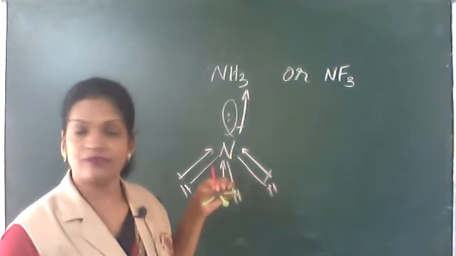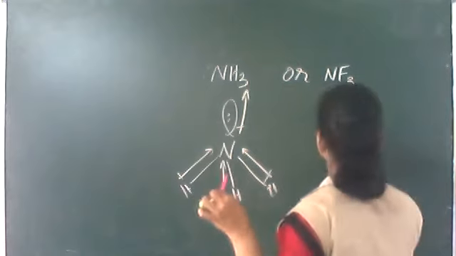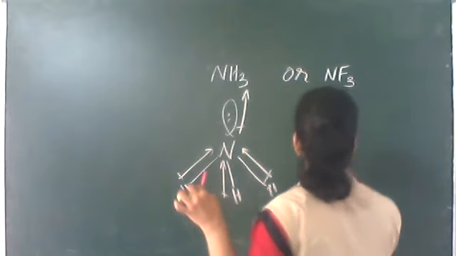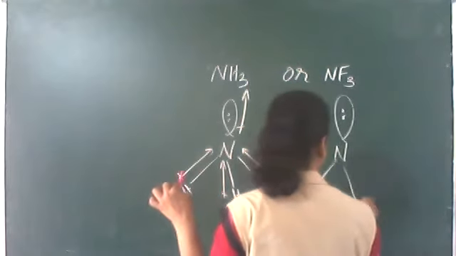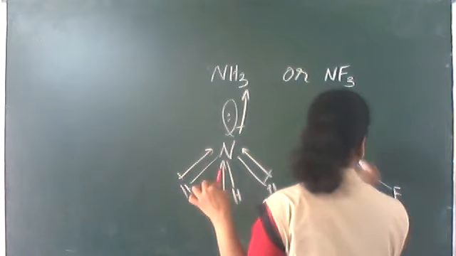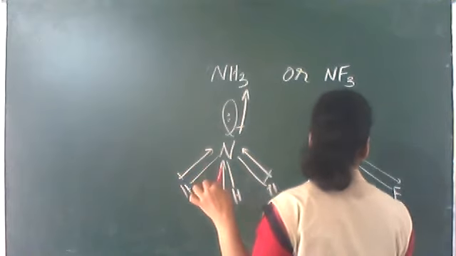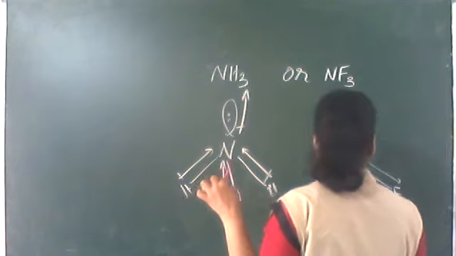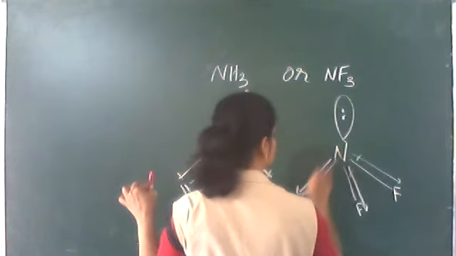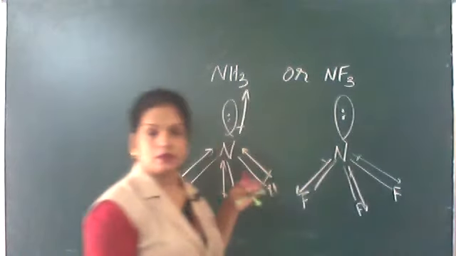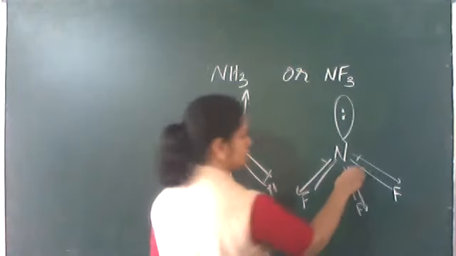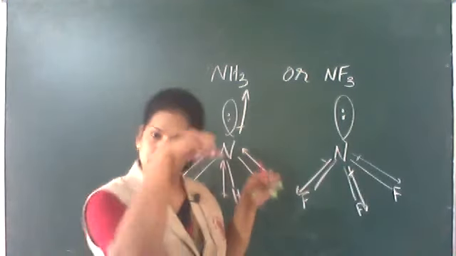What about NF3? N, the orbital dipole moment, F, F, F, towards this, towards this, towards this. So the resultant of these three is downwards.